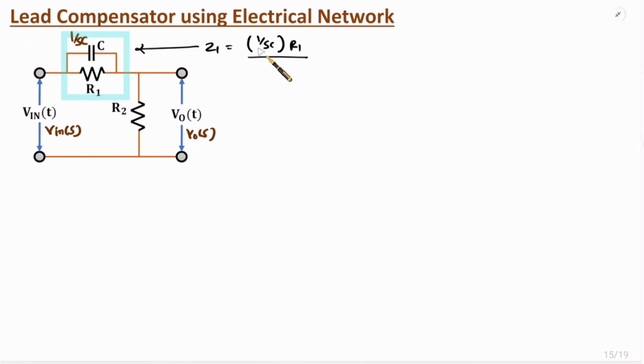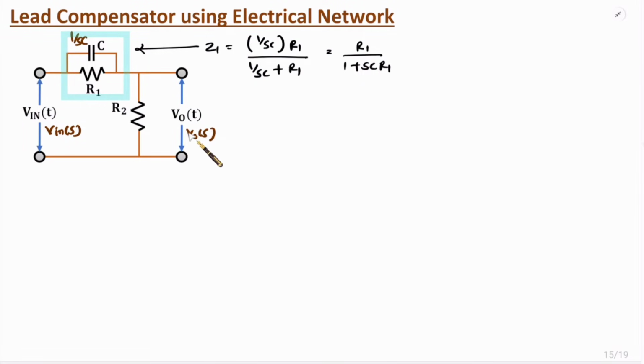The parallel combination is 1 by SC into R1 divided by 1 by SC plus R1. If you take SC as LCM, then in the numerator we have R1, and in the denominator we will have 1 plus SC R1. So that is this much impedance.